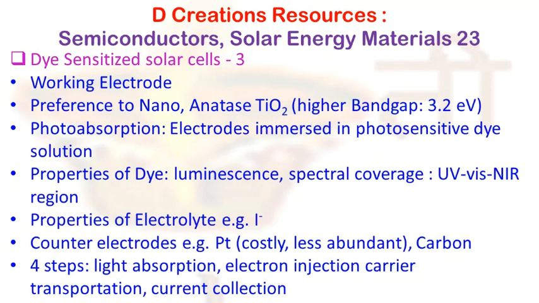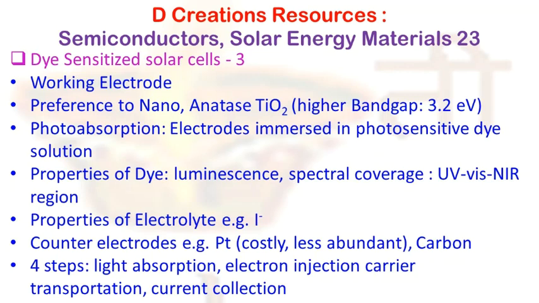Now, another important part of DSSC is the counter electrode. They are usually prepared using platinum or carbon, and both working and counter electrodes are sealed together, and subsequently an electrolyte is filled with the help of a syringe.